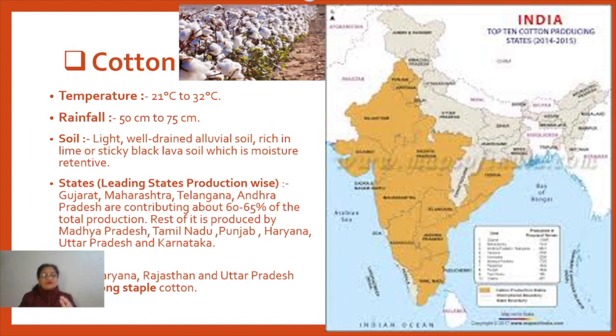Next thing is, for cotton cultivation, the soil. What type of soil is required? Especially well drained alluvial soil. The western side of the northern plains has well drained loamy alluvial soil, which should be rich in lime.